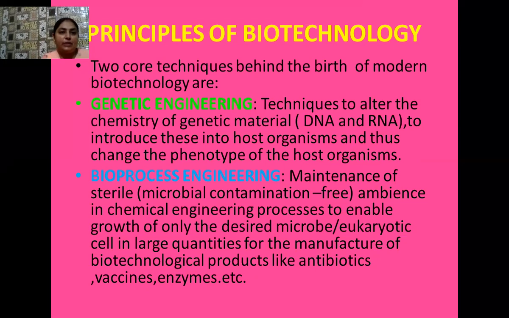So here the chemistry or the chemical structure of the DNA and RNA is altered, and this manipulated DNA or RNA is later introduced into the host organism. And when this manipulated DNA, or you can say the alien DNA, is inserted in a host organism, then naturally it causes changes in the phenotype of the host organism. So here I am going to give you the example.